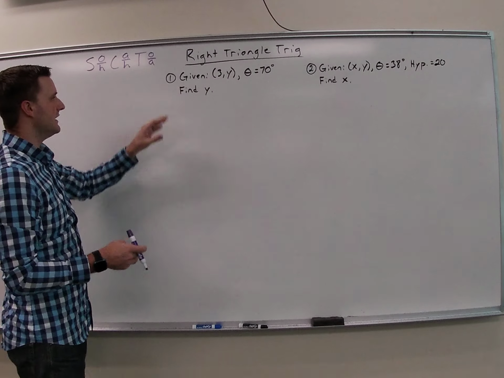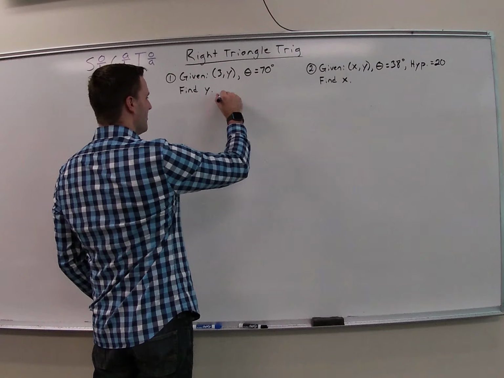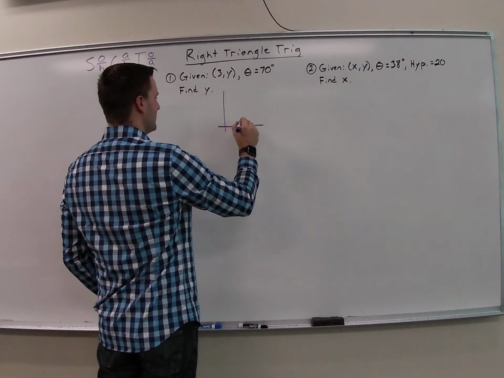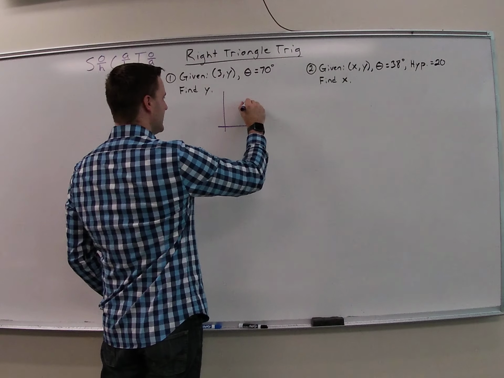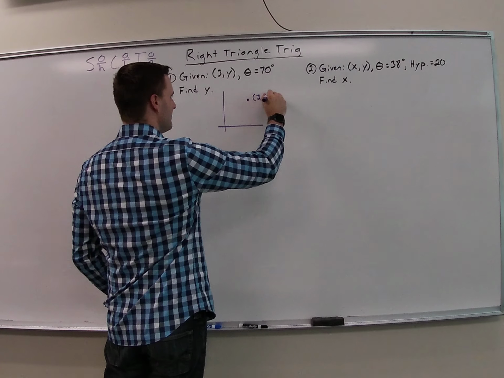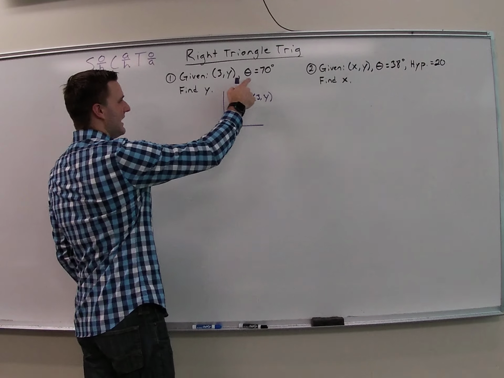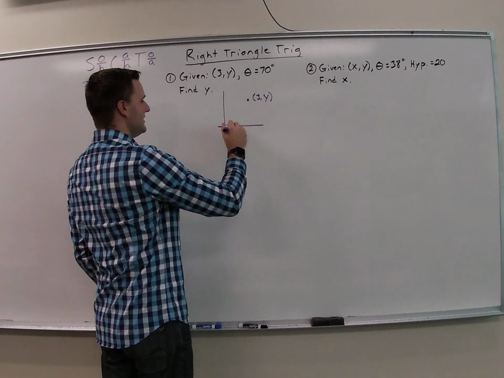So for example, in number 1, given some value, 3 comma y, and that's a positive value. So if I go right 3 and up some distance of y, this would be 3 comma y, and I need to know that the angle measure is 70 degrees.